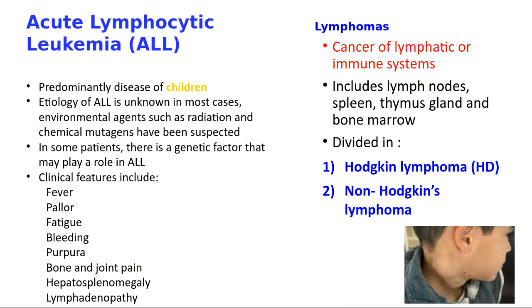So what are some of the clinical features? Fever is very common in all the leukemias. Actually, all malignancies tend to show fever. There is paleness and fatigue. Remember that I told you that even though this is a problem with white blood cells, the red blood cells and the platelets are going to be affected.